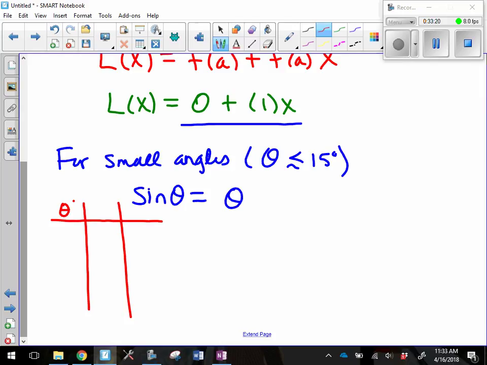So here's theta in degrees, here's theta in radians, and here's sine theta, because you got to be in radian mode or it doesn't work. Okay, so 1 degree is pi divided by 180.